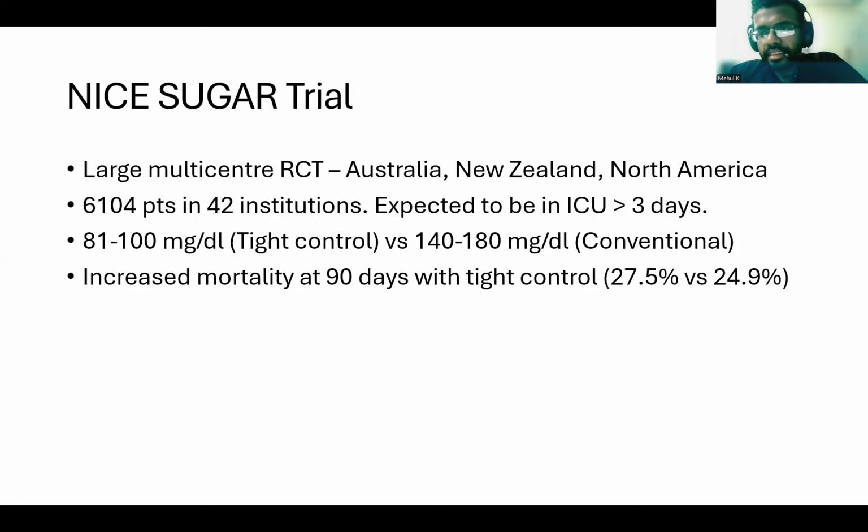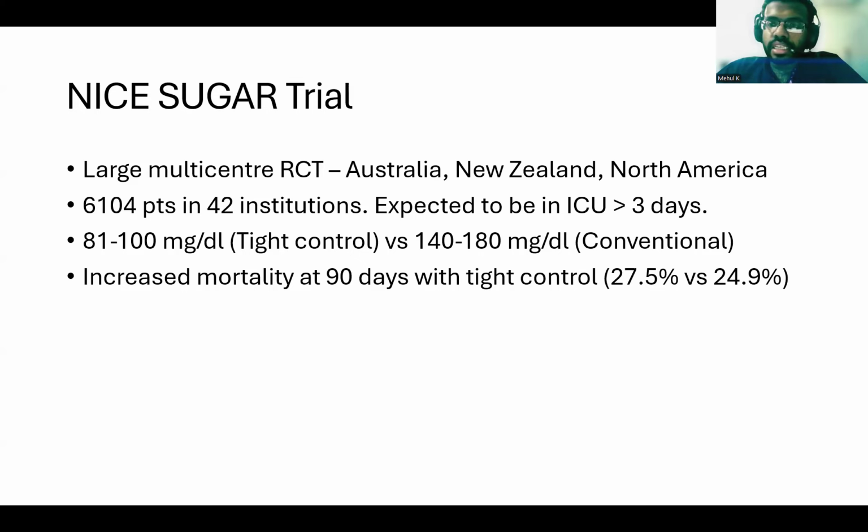Now, this is a very unusual trial for a couple of reasons. First of all, it is very rare in critical care to have large trials, 6,000 patients, showing actual differences in mortality. That is number one. Second thing is that generally the treatment groups tend to be doing better. So it is very unusual for a treatment group to have increased mortality.